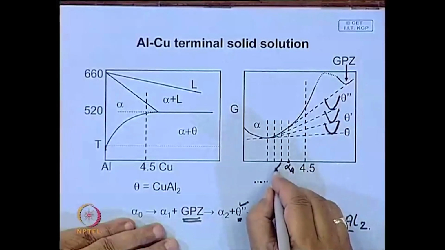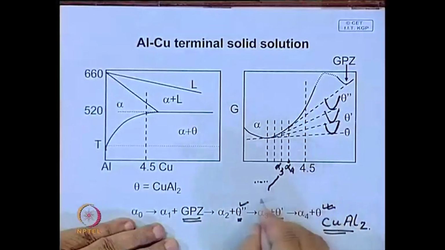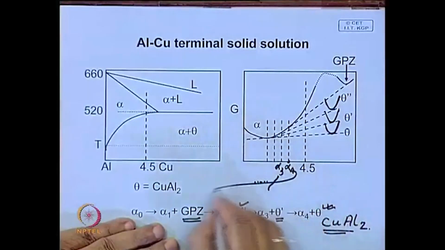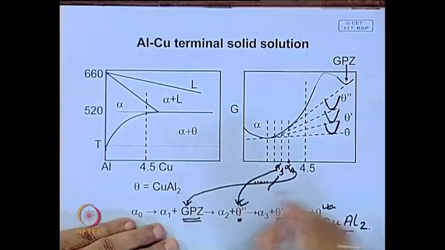Alpha 4 is the GP zone, and this is alpha 3.